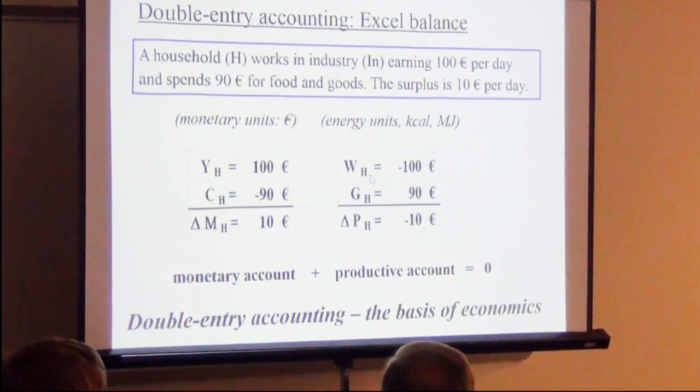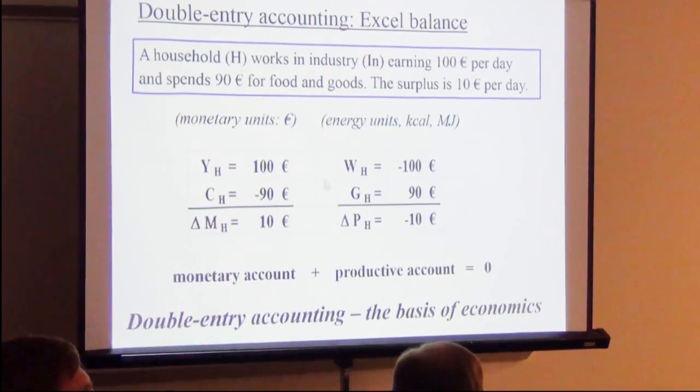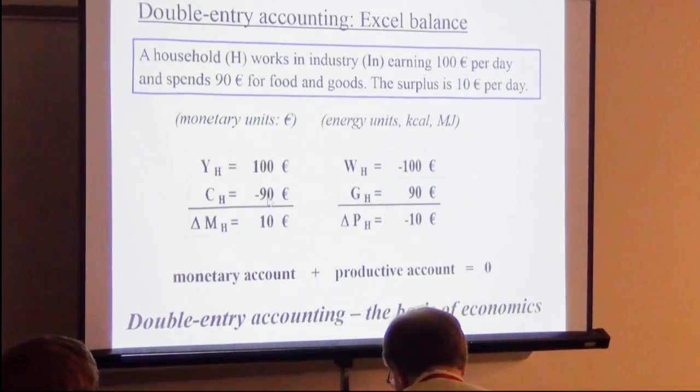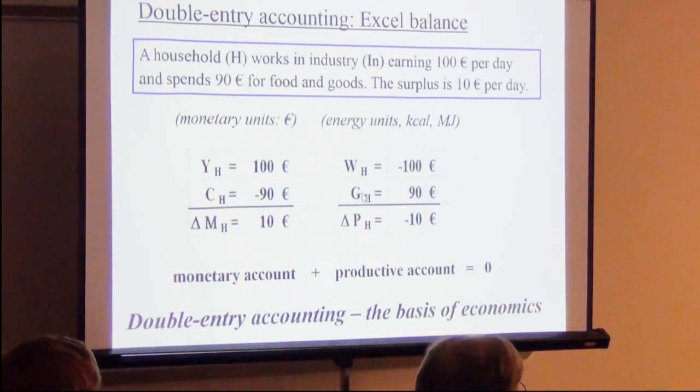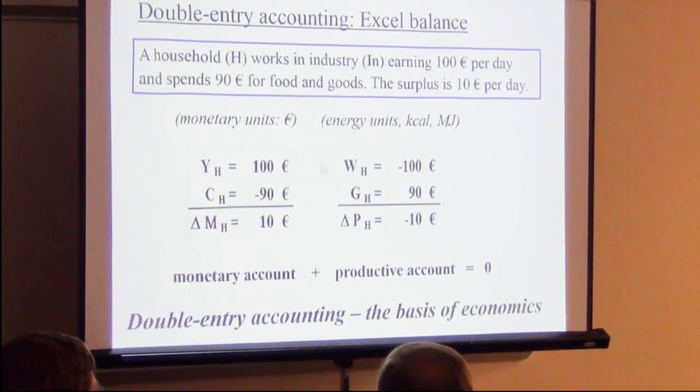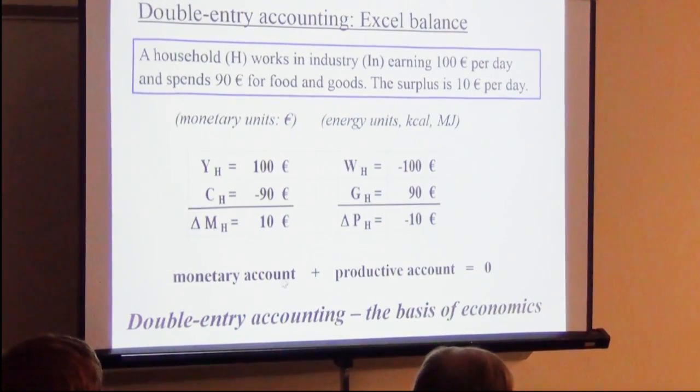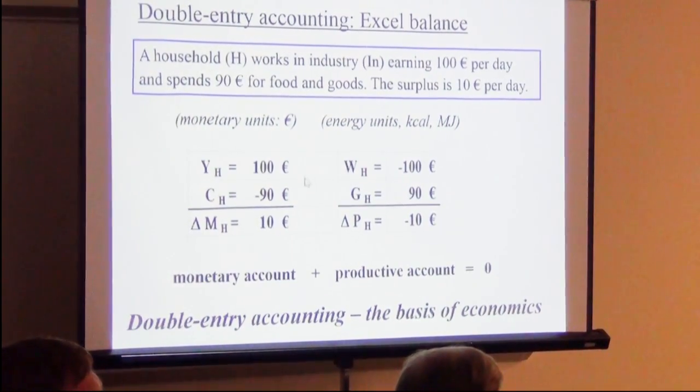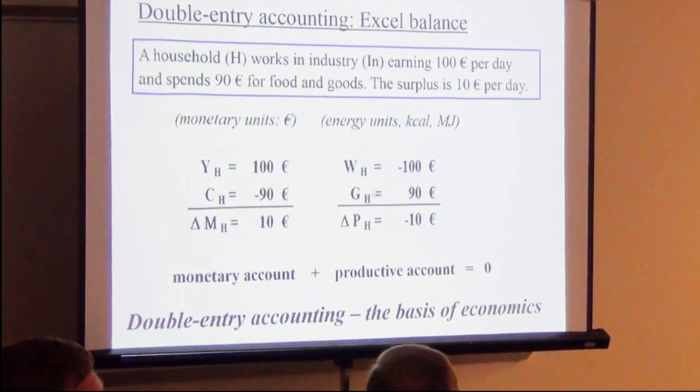They have to work and do labor, and then they spend money for 90, but they get, of course, goods, food, whatever, for 90. So in the double entry accounting, the sum of these is always 0. The sum of the monetary account and the productive account is 0. Because you always pay for what you get and you get for what you pay.